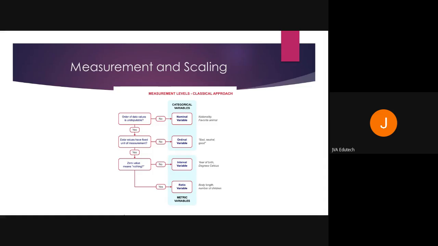So the Likert scale that you take, 1 to 5, is very ordinal in nature. In its basic essence, it's an ordinal scale because you are saying strongly disagree to strongly agree. Now the difference between strongly disagree and disagree cannot be the same as the difference between strongly agree and agree.